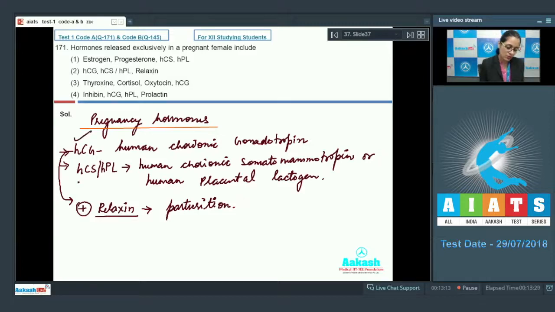So these 3 hormones, HCG, HCS and relaxin, are exclusively produced only during pregnancy. So the correct answer for this question would be option number 2. That is HCG, HCS, HPL and relaxin are the only hormones exclusively released in pregnant female.